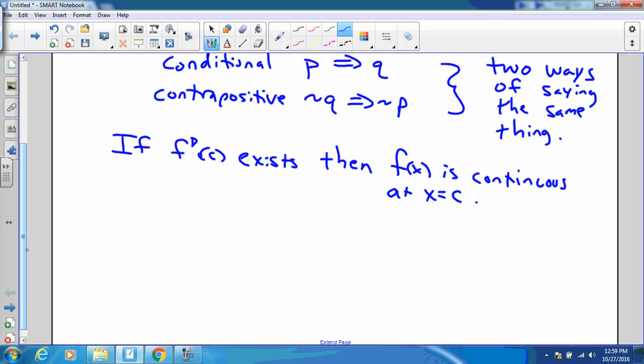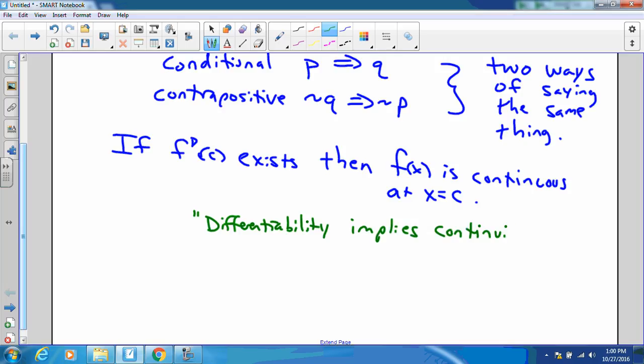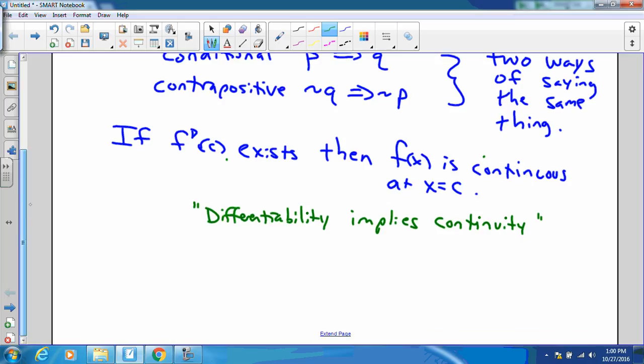And this theorem goes by a slogan. In fact, its name is the slogan, which is differentiability implies continuity. Differentiability implies continuity. If the derivative exists, that implies that the function is continuous at x equals c.